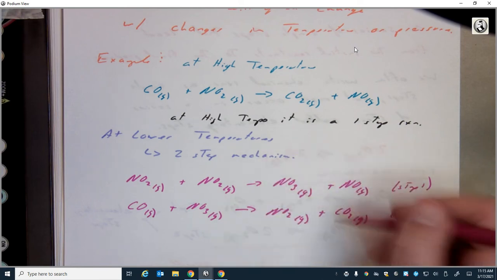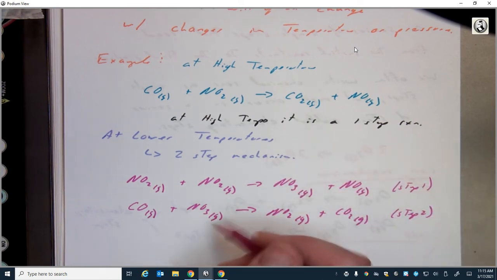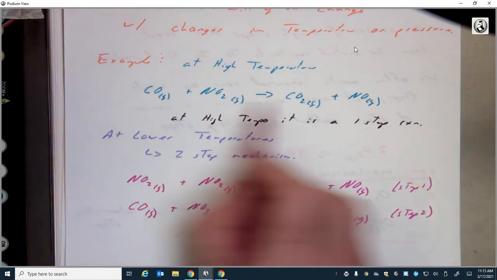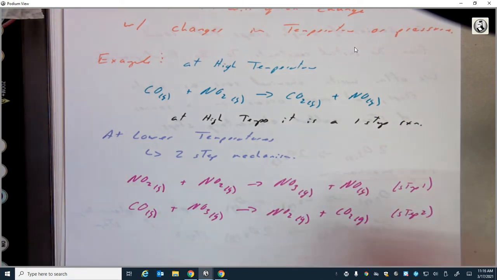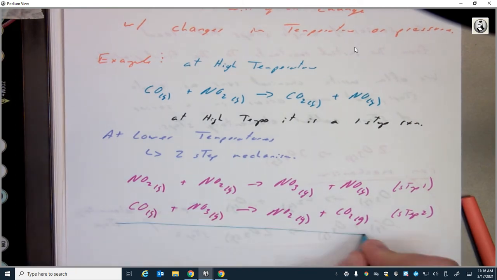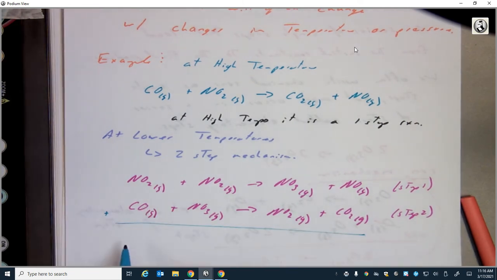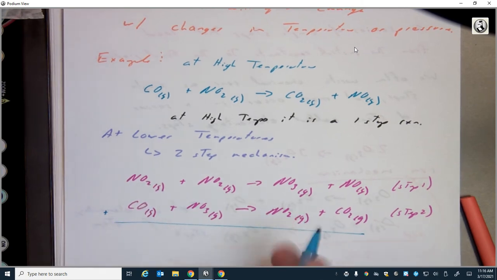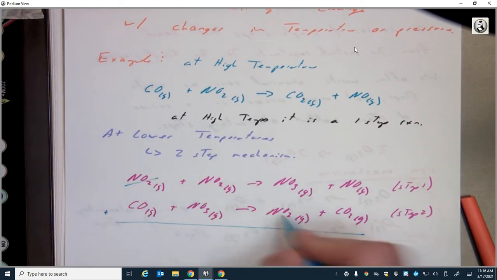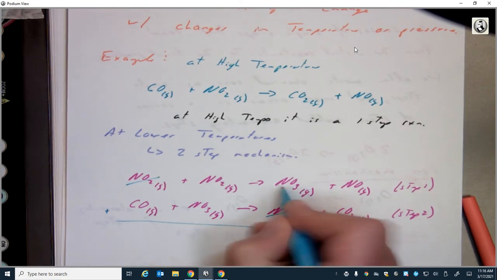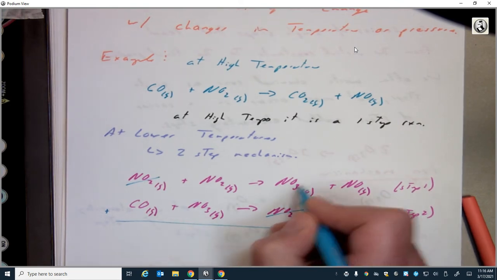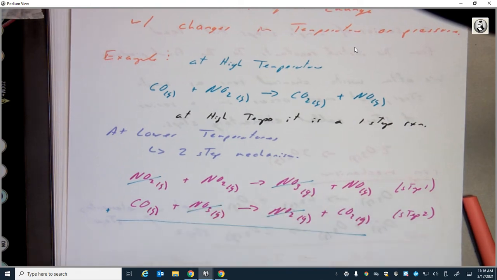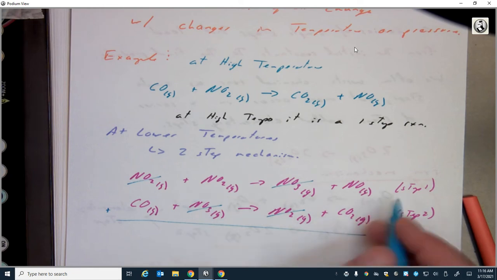Now, these two steps better add up and be equal to what we had before. So let's go ahead and add them and make sure that they do. We can cancel some things out here. We have an NO2 gas on this side and an NO2 gas on this side, so those are going to cancel. And I have an NO3 gas on this side and an NO3 gas on this side, so those are going to cancel. So now we can just write our reactants and products.